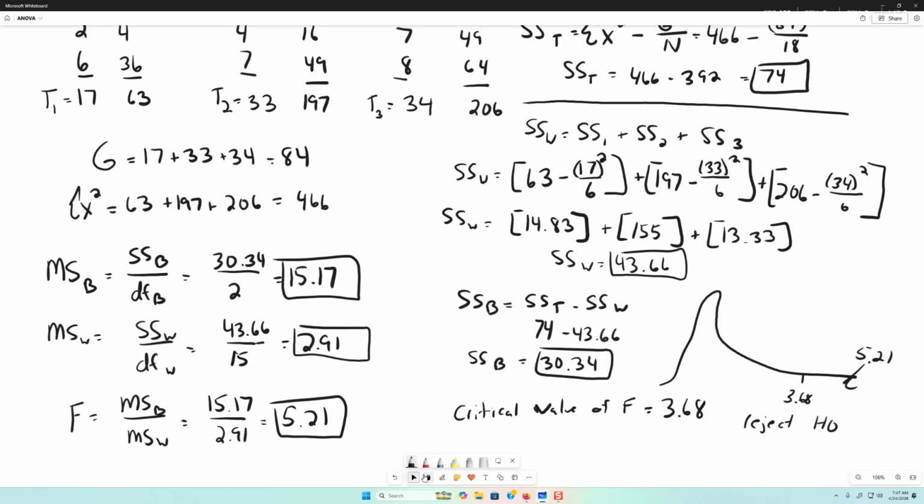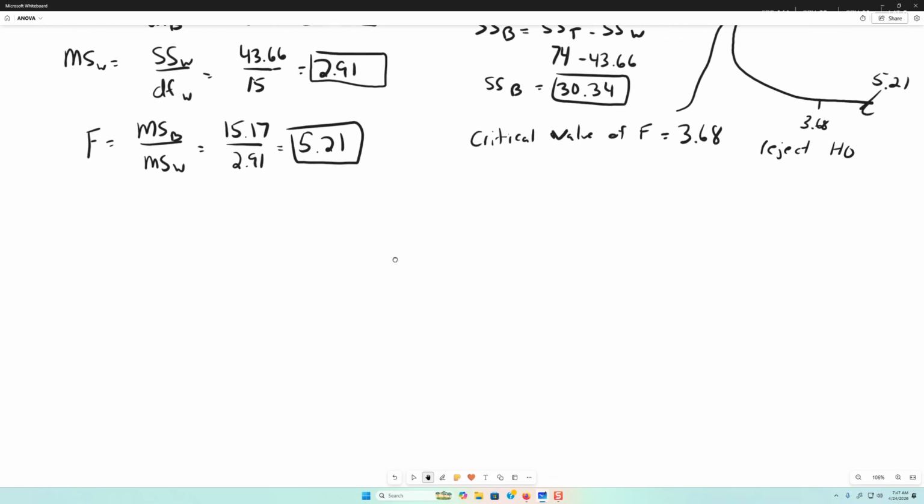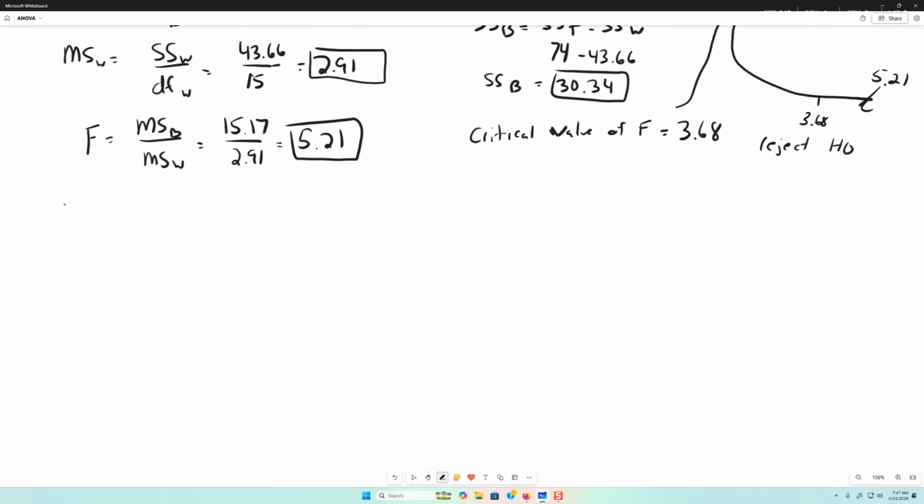Under the null hypothesis, in this situation, the 3 cereals have the same sugar content, right? That's the null. The alternative is the 3 cereals do not have the same sugar content.